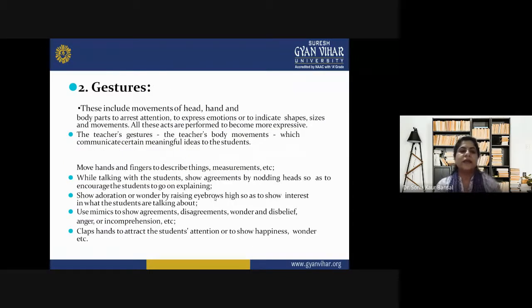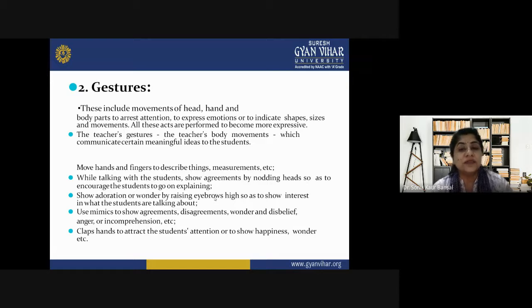Now, second thing is gestures. So these include movements of head, hand, and body parts to arrest attention. Gestures are very, very important when a teacher teaches in the classroom. Basically, the stimulus variation we are studying, and gesture plays an important role when we are studying about it.